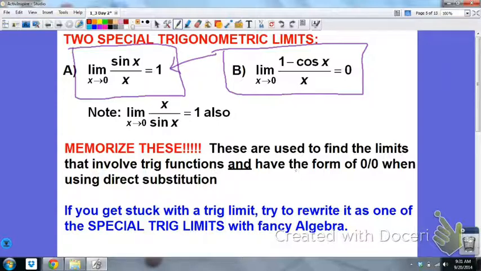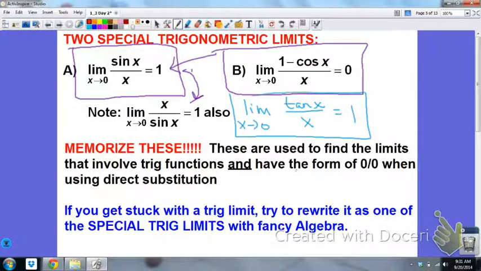It's also important to note that the reciprocal of that is also 1. I'm also going to add in one other that you should memorize, and it's the limit as x approaches 0, tangent x over x equals 1.